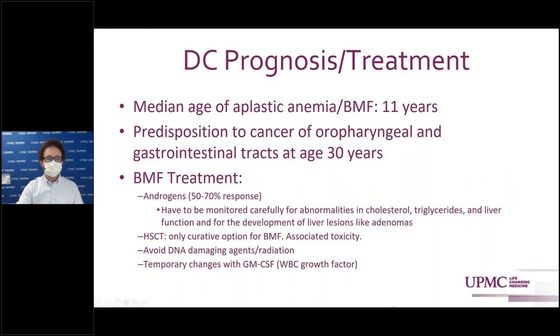With these patients, the mean age of developing bone marrow failure is usually around the second decade of life. These also have predisposition to other different cancers later in life, because again, it affects the DNA. And then a variety of treatments.